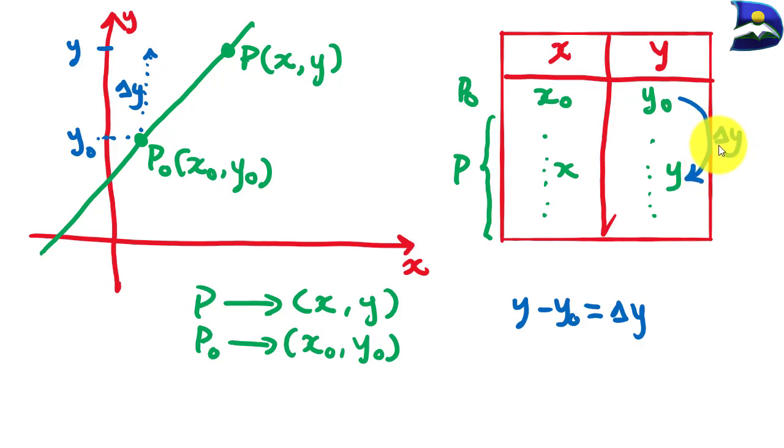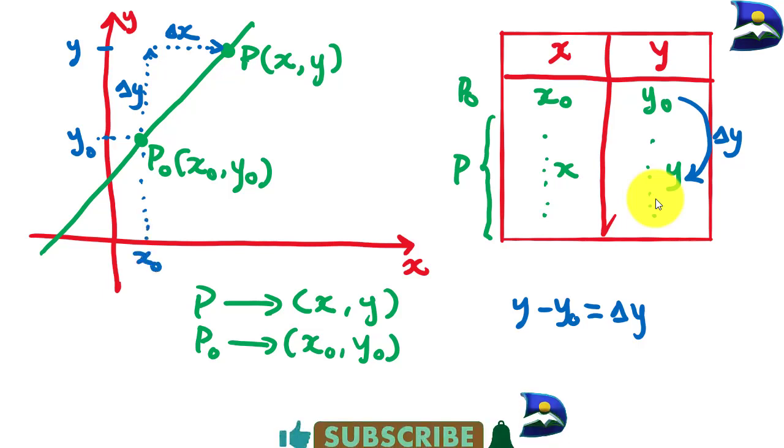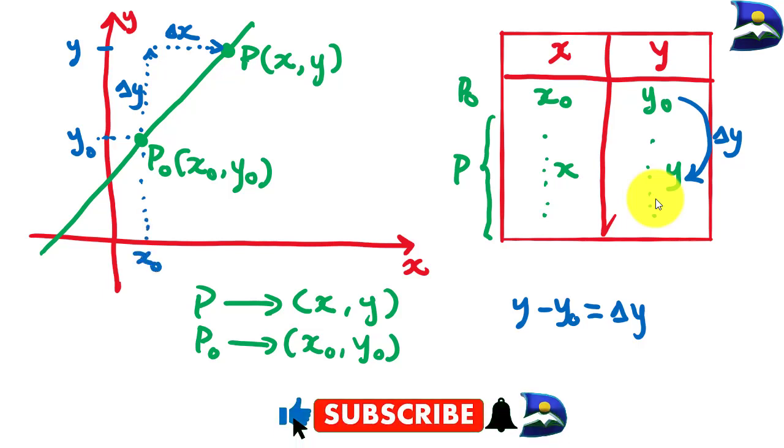And so we are going to do that not only for our y but also for our x. That means we're looking at our run, which is our change in x, from our initial x point, x naught, to the other point, which is our x.